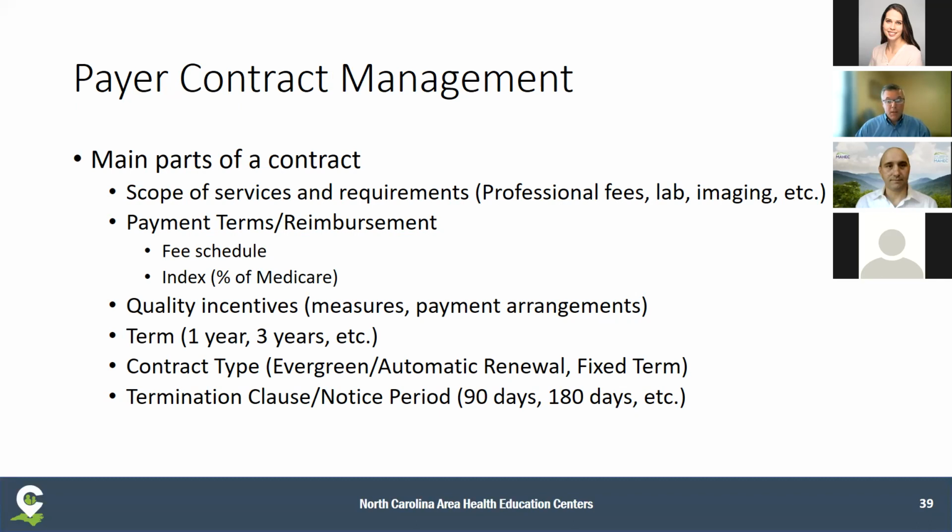Those might be what you want to measure and monitor. Knowing the term certainly is important. Is it a 1 year, 3 year, 5 year, whatever it is? And then what the contract type is in terms of any type of automatic renewal process, or is it a fixed term? That'll help you understand when you might need to renew or renegotiate if possible.